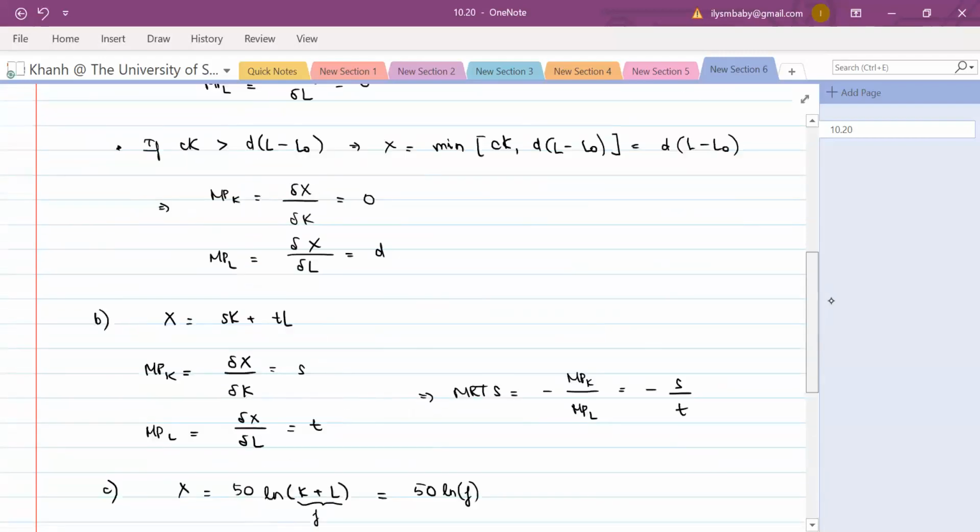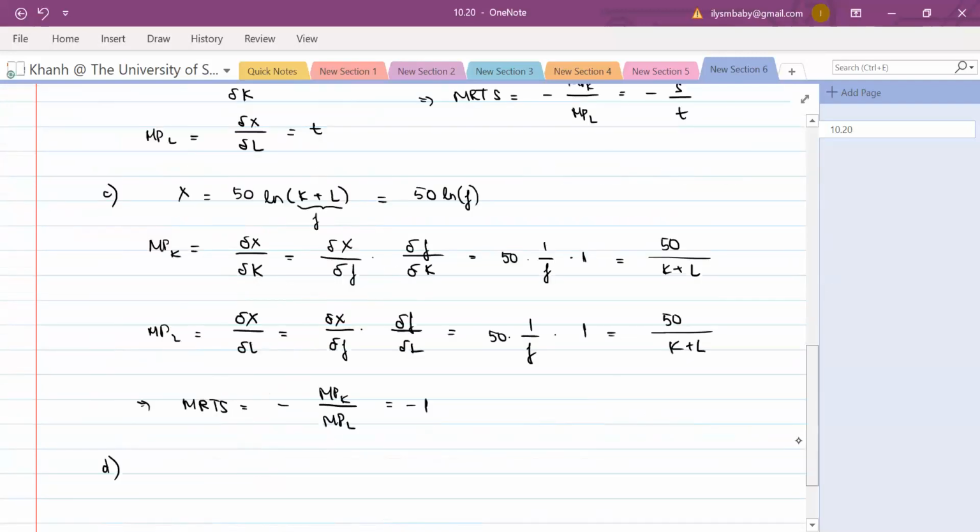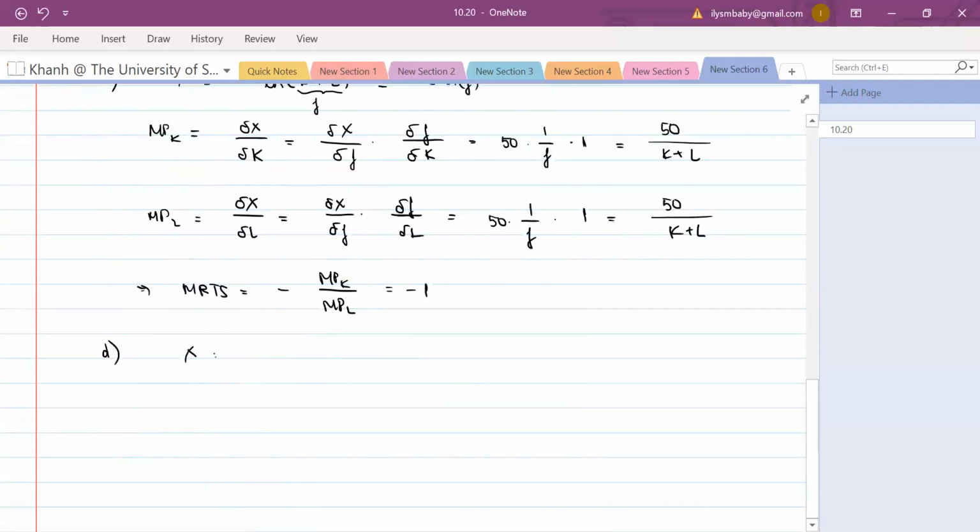Okay, and the next production function is x equal to k power a, L power 1 minus a. So therefore the marginal product of capital, again, is just the change in x given the change in capital. And so now it's pretty straightforward.